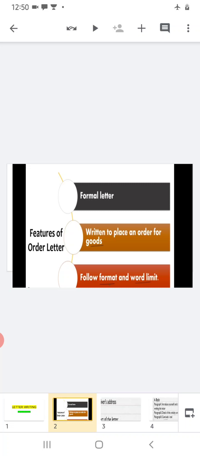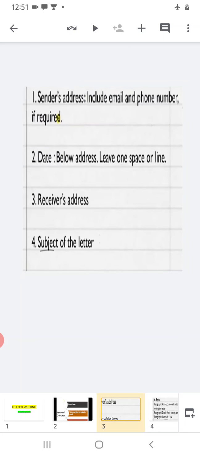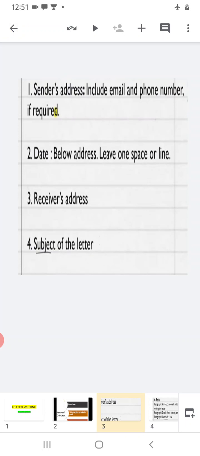An order letter has to be written to place an order for some goods or for some articles to a particular firm, to a particular company, and we have to follow the format and word limit, that is around 150 words. You can make out from the name only that we are placing an order for something.